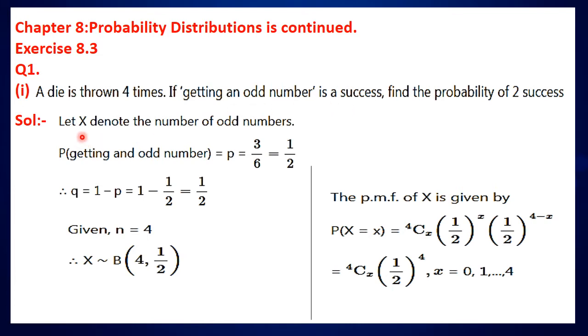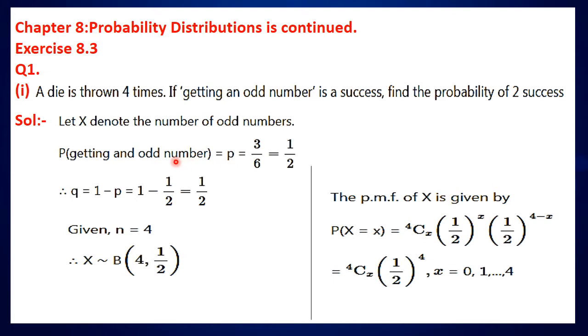Here we denote the variable x as the number of odd numbers because it is given that getting an odd number is the success. Now in a single throw, the probability of success, p, is equal to the probability of getting the numbers 1 or 3 or 5.